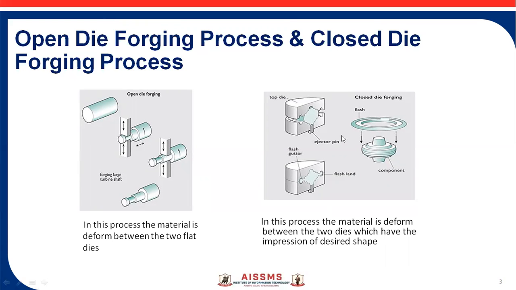Next is closed die forging, in which an impression is given in the die. Open dies and closed dies are generally manufactured on VMC machines using Delcam software, and a complicated job can be manufactured by closed die forging.